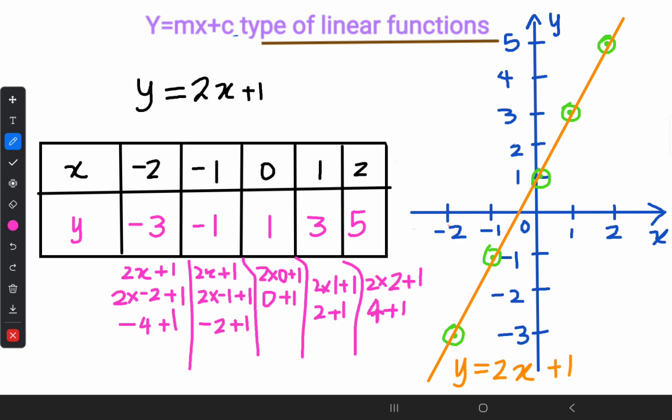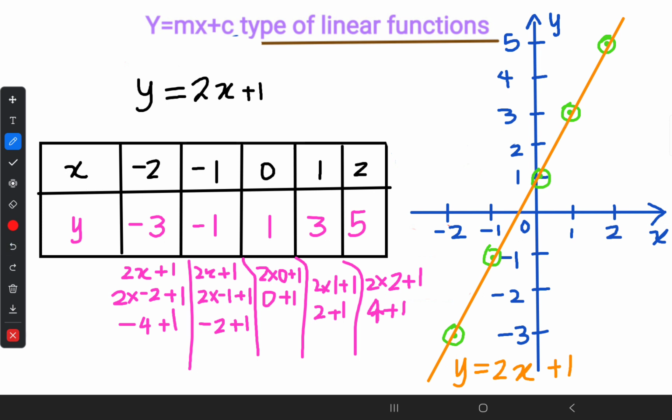Okay, by looking at this graph, we can observe some features. What are they? If the gradient of the function is positive, it should make an acute angle with the positive region of the x-axis. If the gradient is positive, no matter what the number, it will create an acute angle with respect to the positive region of the x-axis.